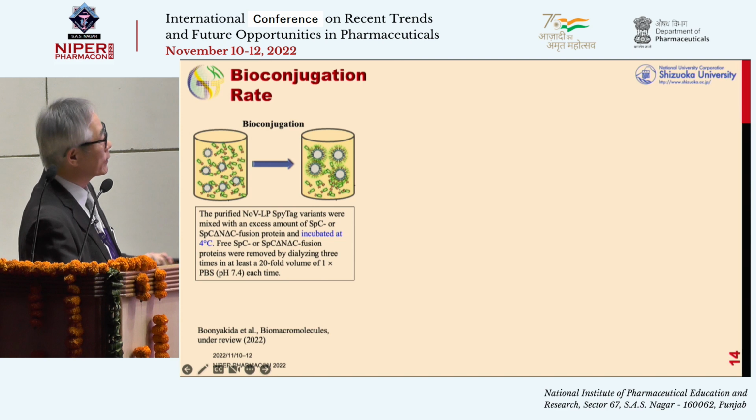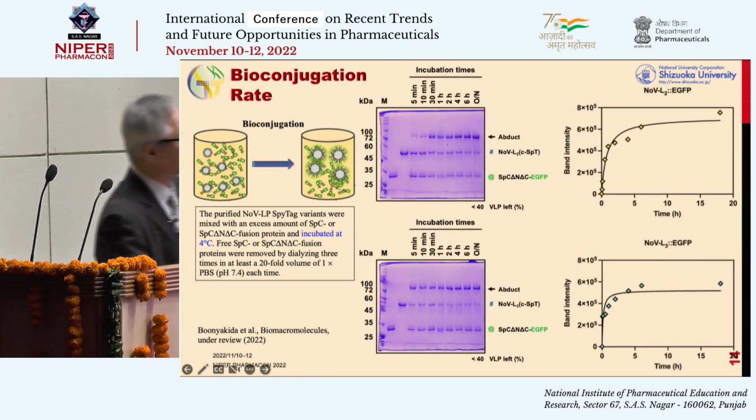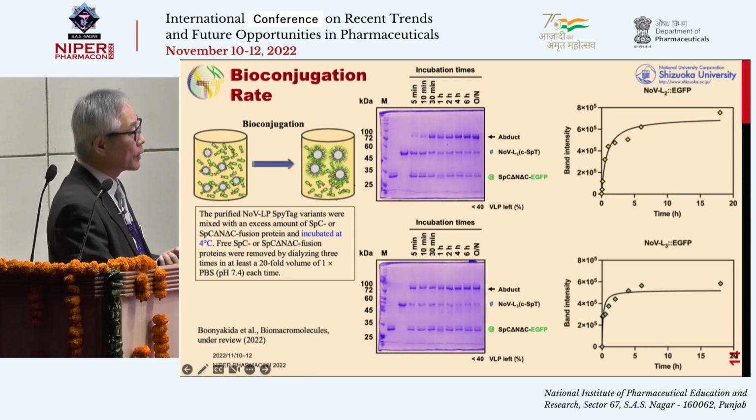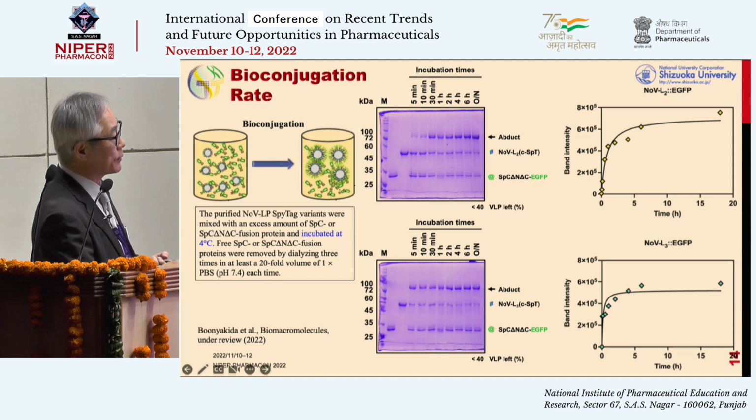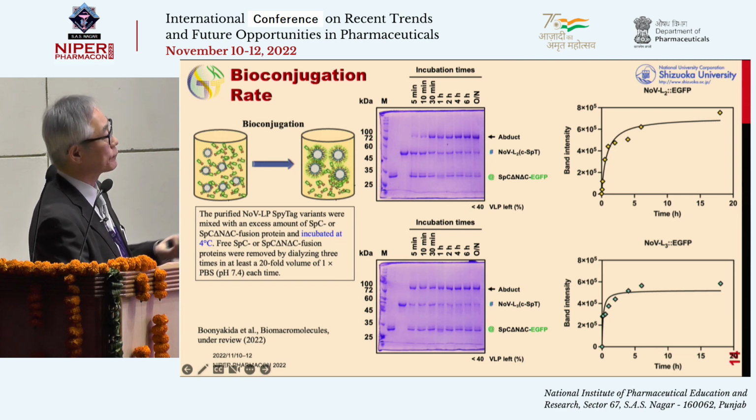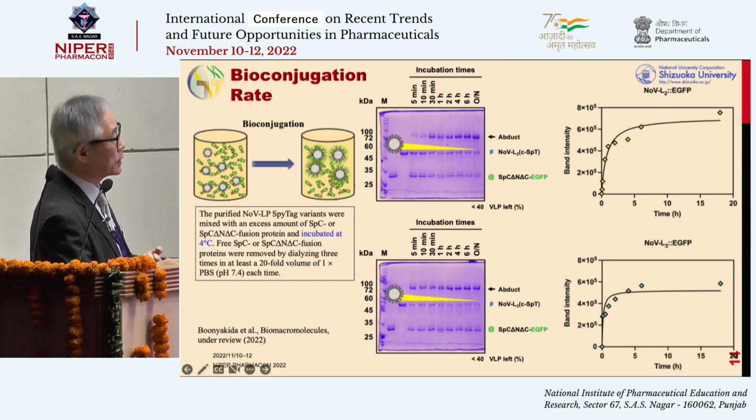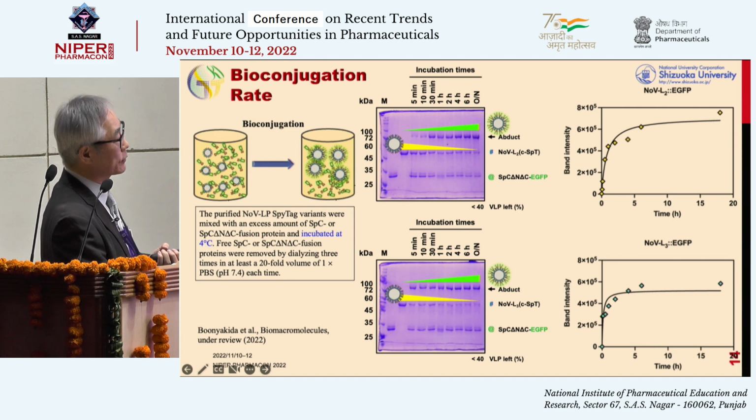Finally, we get this kind of result. This is the conjugation partner, EGFP spike catcher, and the VLP, with increase of reaction time shown here. The VLP amount decreases and the EGFP displayed amount increases. This phenomenon is shown in a graph here.